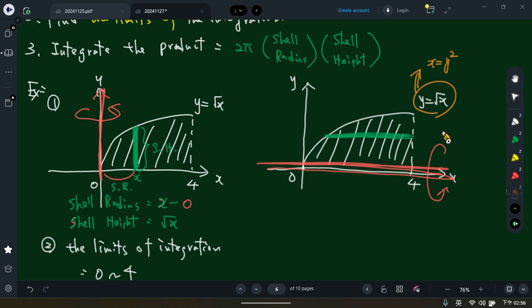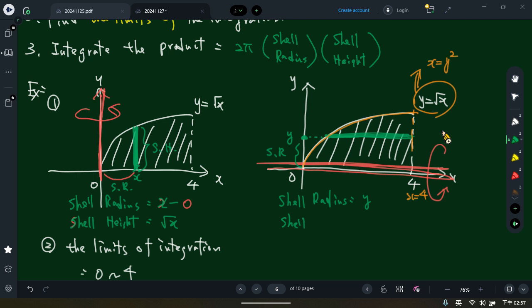And here will become x is equal to y squared. And here is x equal to 4. So the shear radius is still at some certain point of y, right? So this is the shear radius. So let me just write down: shear radius is still y from the y viewpoint.